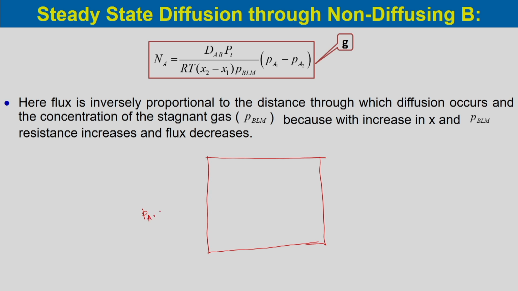Y axis is PA or PB in terms of, say, atmosphere, and x axis is the distance, may be represented by z, which varies from 0, 0.2, 0.4, 0.6, 0.8 and 1.0, and this partial pressure can vary.